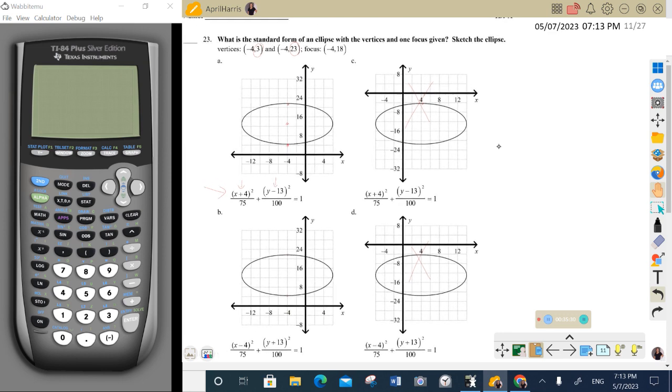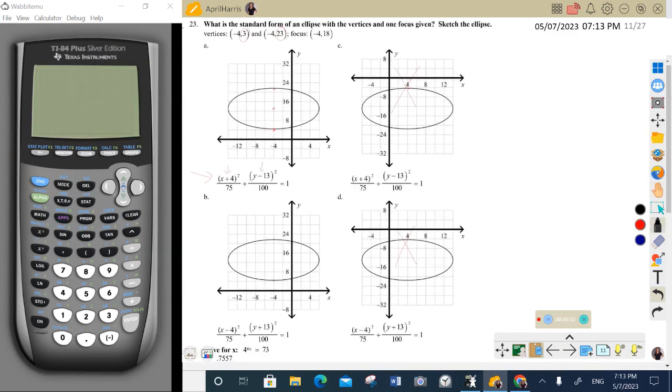So 23 plus 3, that's 26 over 2, that's 13. So that is the center, (-4, 13). So (-4, 13) means in the parentheses we should have plus 4 and minus 13. Down here they have the signs backwards. Anyway, the graphs will match up on the actual final.